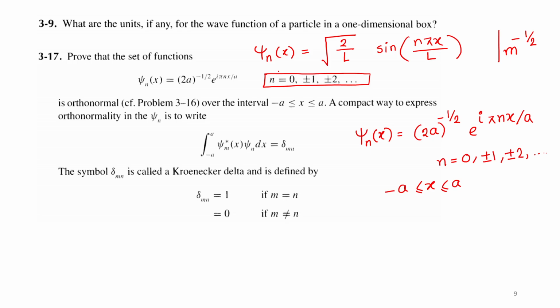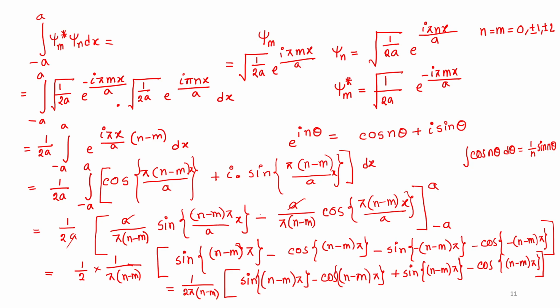If n and m are only going to be integers like this, then I can expect that n minus m is also going to be an integer.